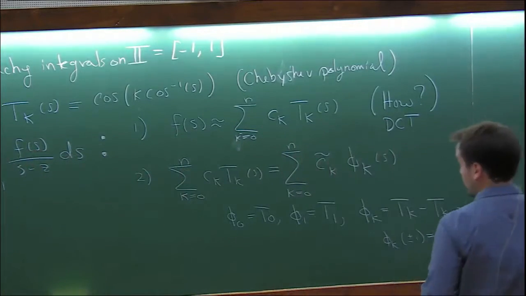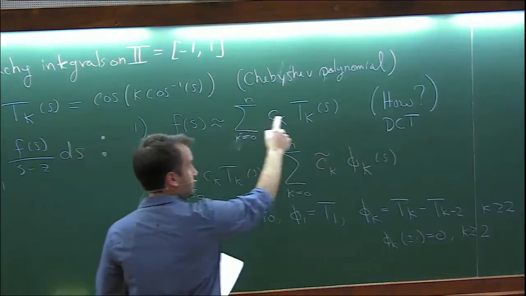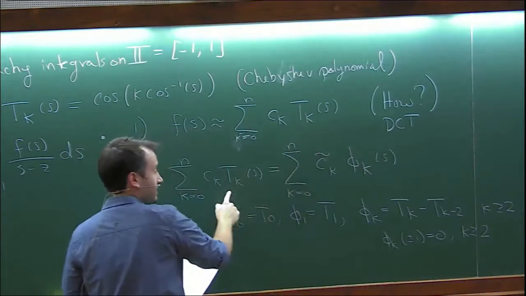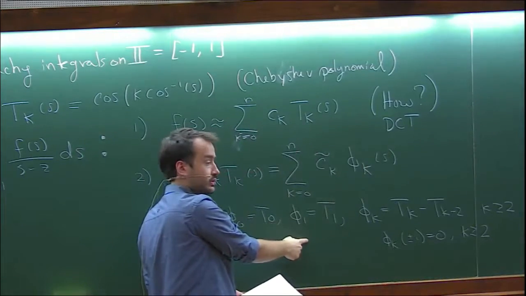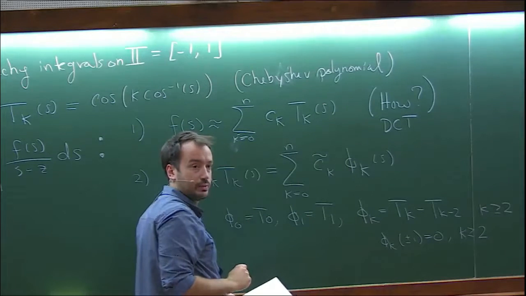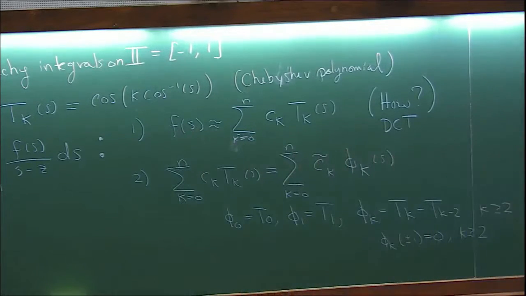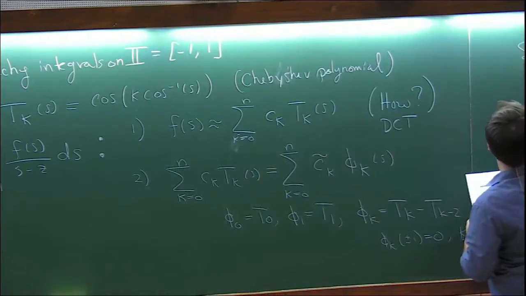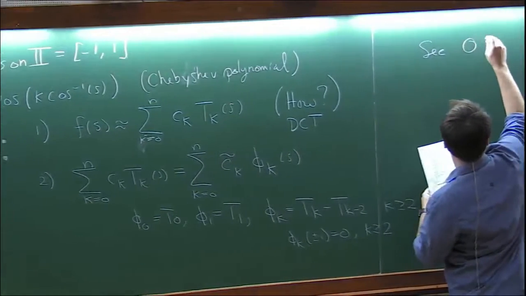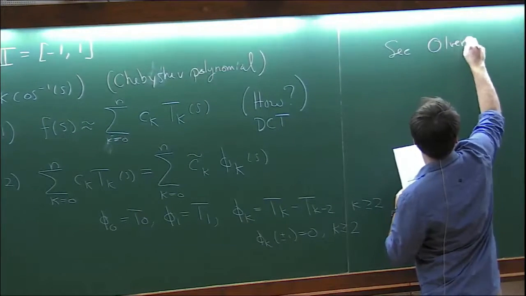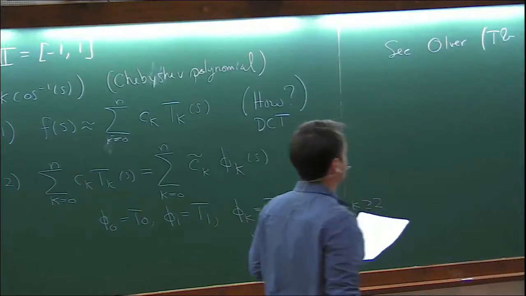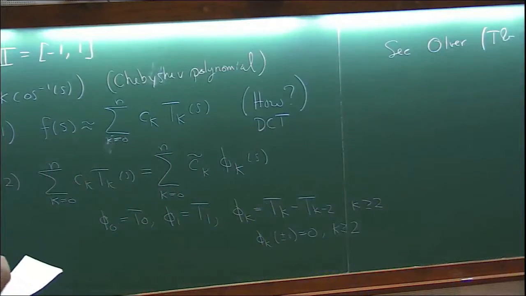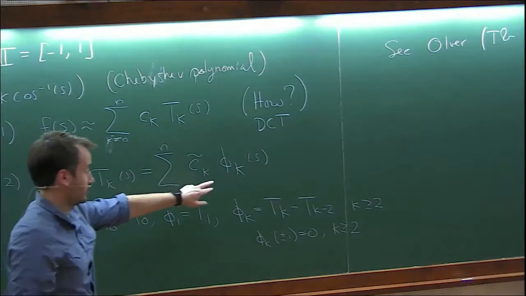Okay, so we have our function. We use a DCT to get this. We take this and convert it, and these coefficients are really easy to compute from this definition. You just have to iterate through and modify some things. And then Sheehan Olver has a nice formula and method to compute the Cauchy integrals of these things.